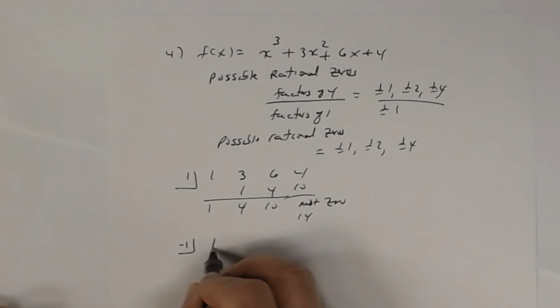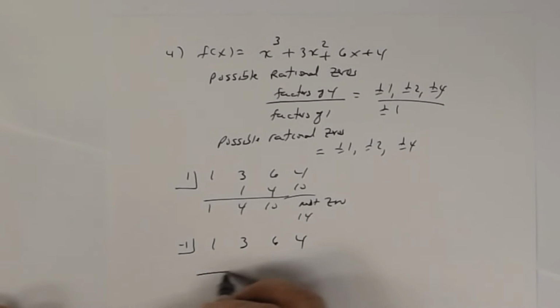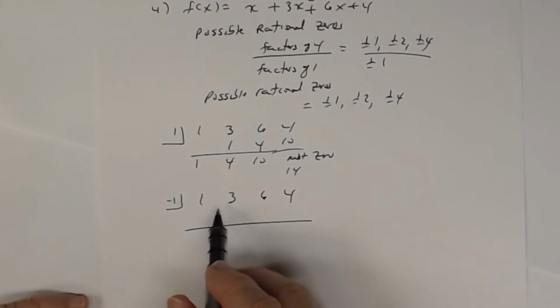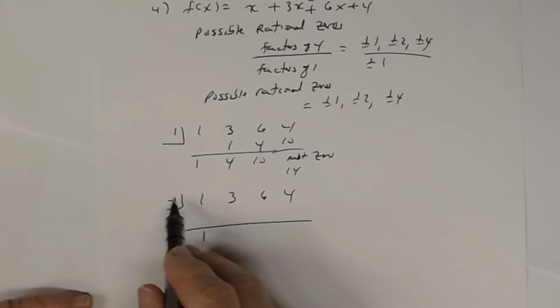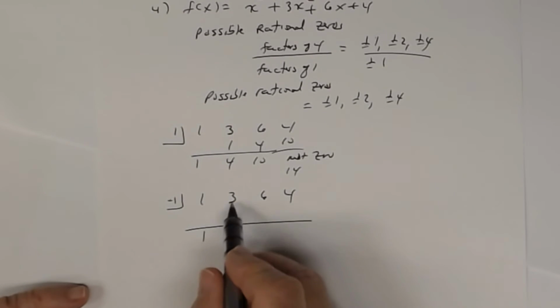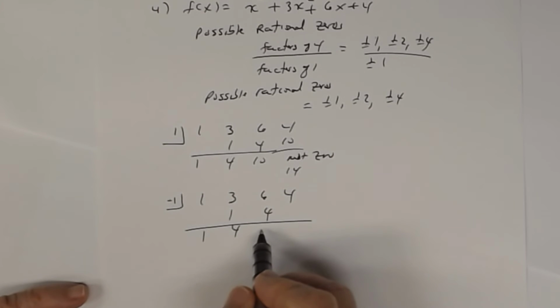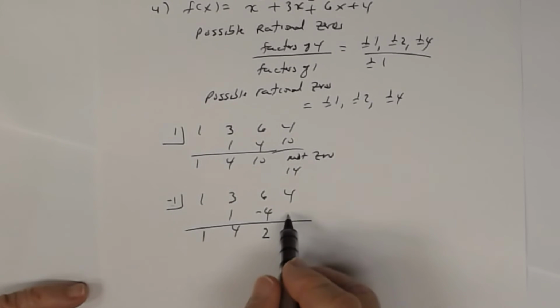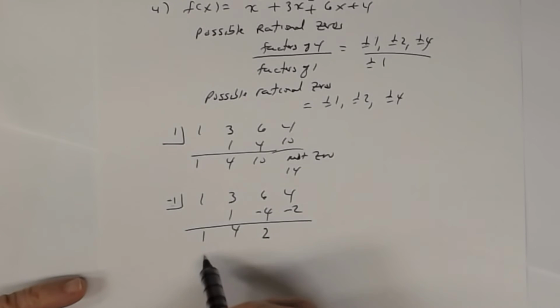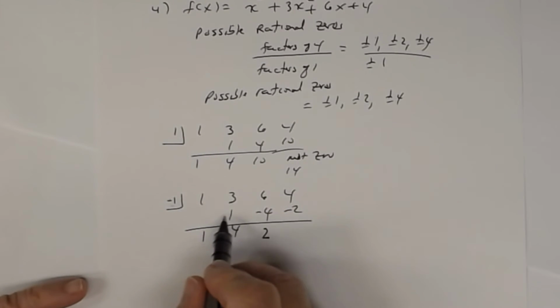Negative 1. 1, 3, 6, 4. No easy way, just trial and error. Oops, sorry, I messed up right here.